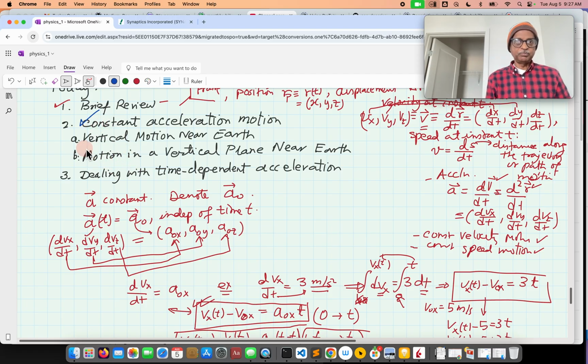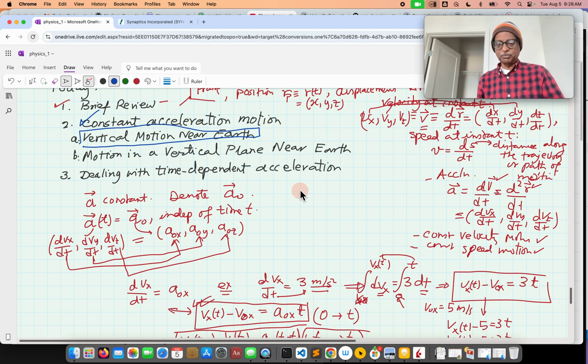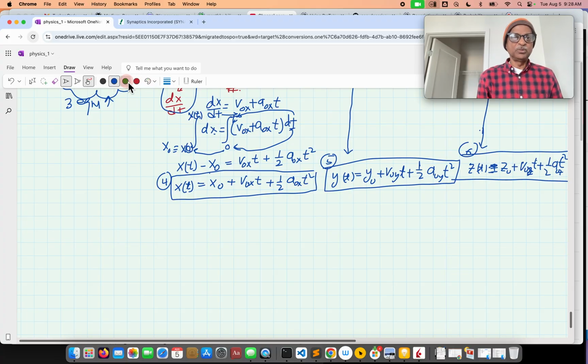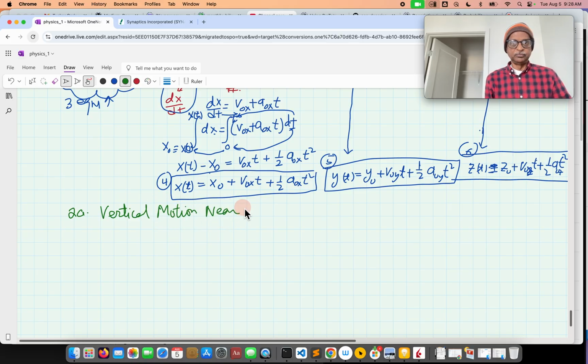Now there is this motion called vertical motion near Earth, which is an example of constant acceleration, and it is a one-dimensional problem. So let's do that out. This is 2a, vertical motion near Earth. Vertical motion is only interested in up and down motion.